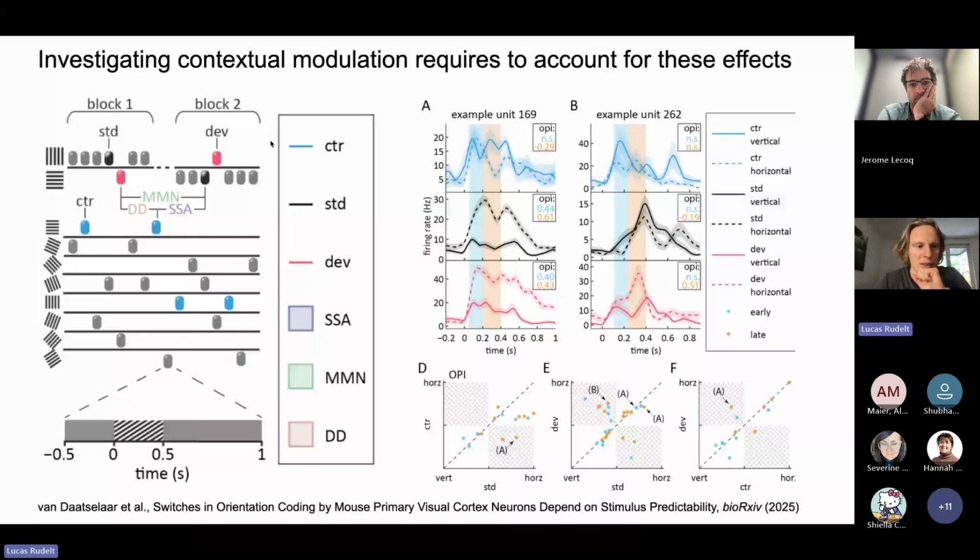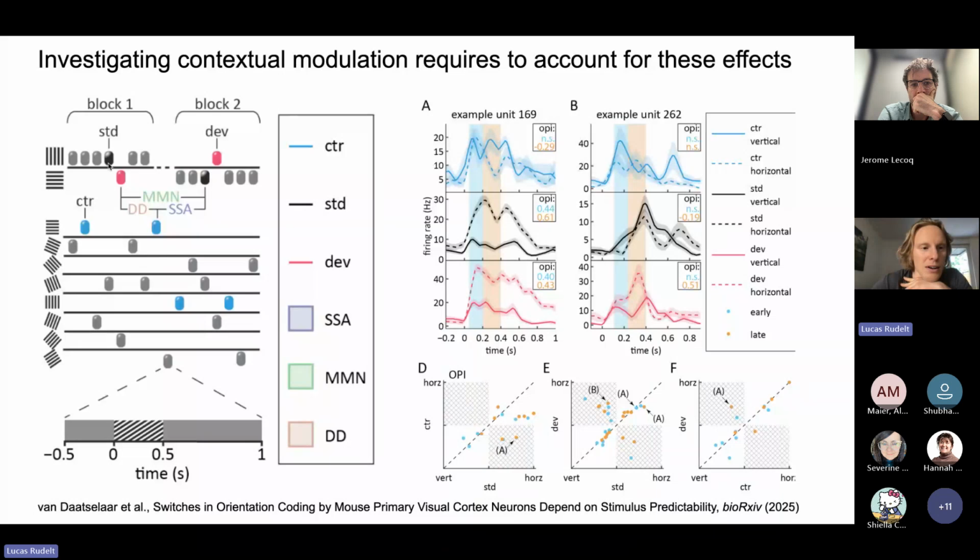If you compare this standard with this standard, you get something like how preferential the response is to one of these orientations, but within the same stimulus condition. And they see that this orientation preference depends on the predictive context. So if it's redundant or deviant, for example, for this unit, they see a strong preference for horizontal, whereas in the control, they do not see this. And so they argue that stimulus predictability alters this preference.